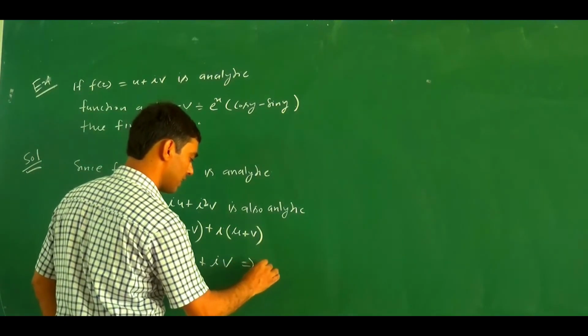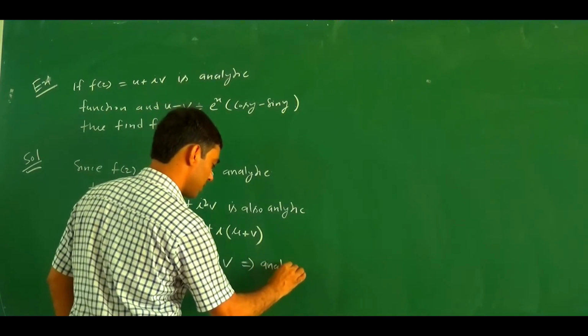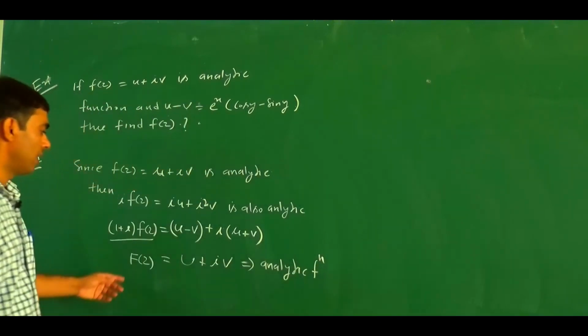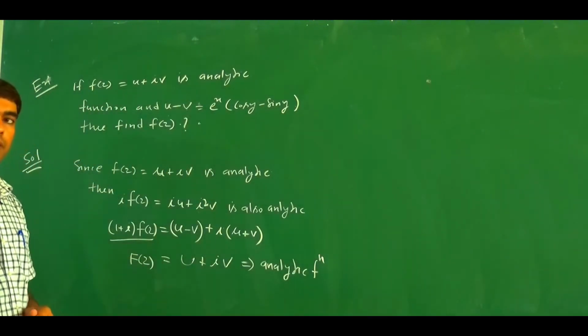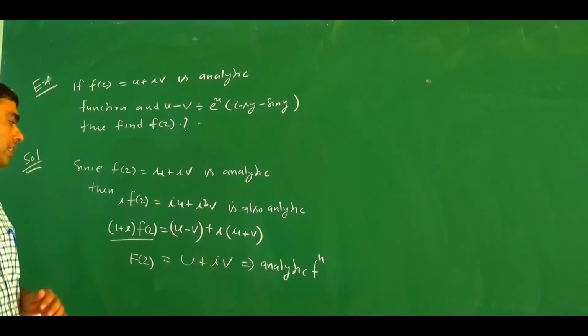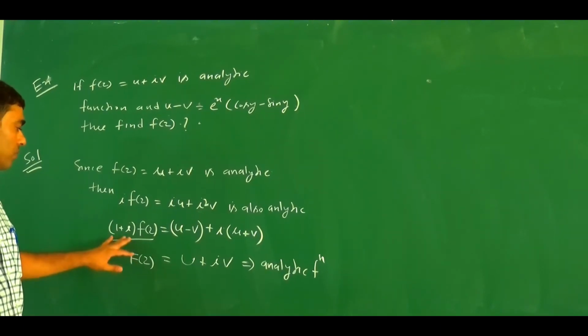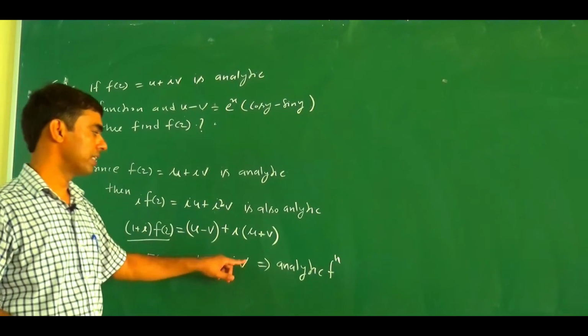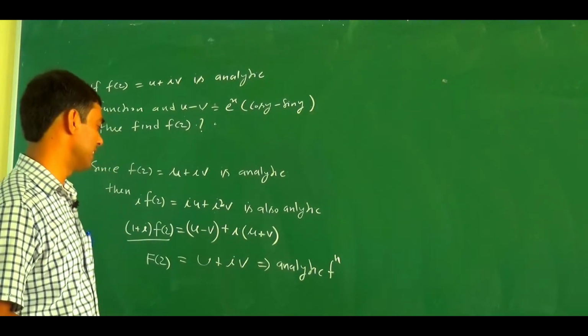This implies that F(z) = U + iV is an analytic function, where F(z) = (1 + i) f(z), and capital U = u − v and capital V = u + v.